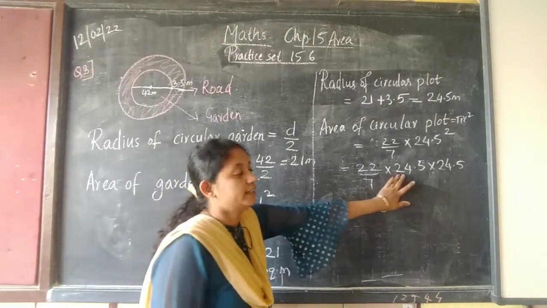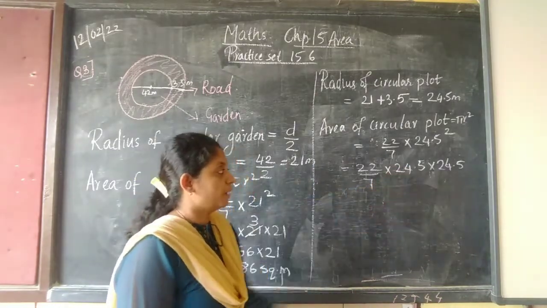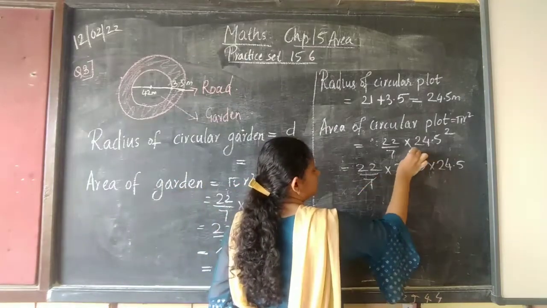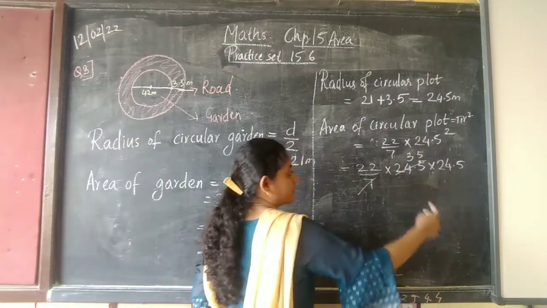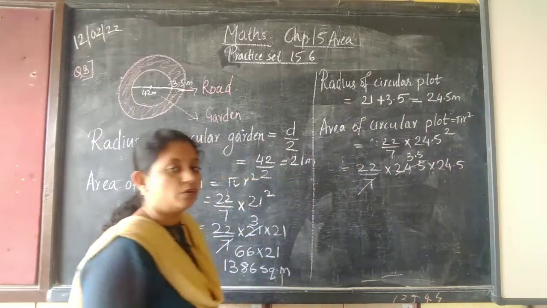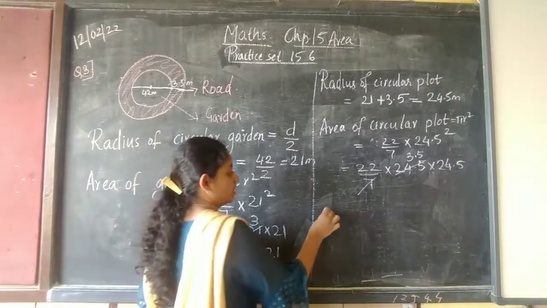You can just check whether it is divisible by 7. 245. It is divisible. 35, 7s are 245, and one decimal point is there, so you will also put a decimal point. Correct? Now we are going to multiply.